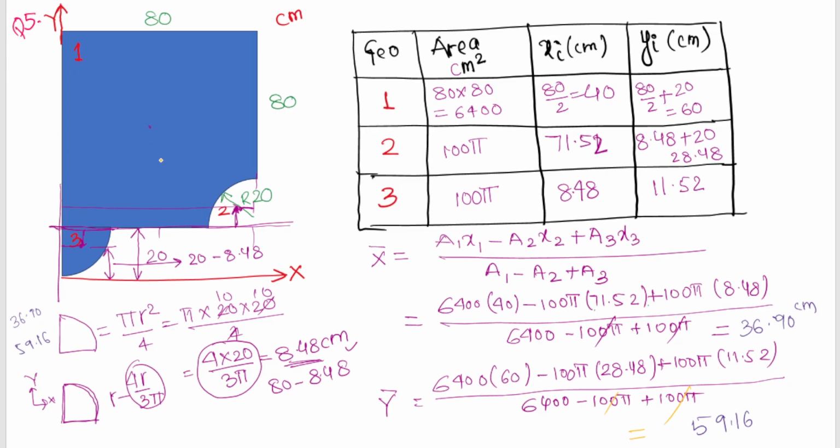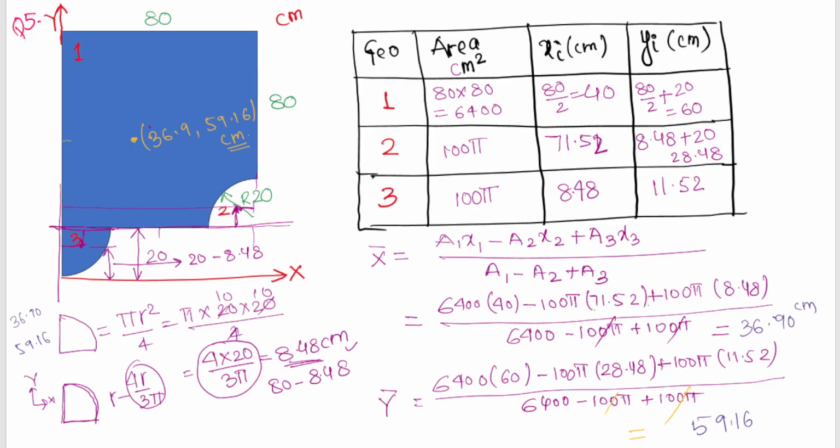So 40, 59 will be something here, and x bar is 36.90, so a bit less than 40. Means this particular point is the location where your object's centroid is going to lie. So that is 36.9 and 59.16 centimeter, and this is your answer for this current problem.